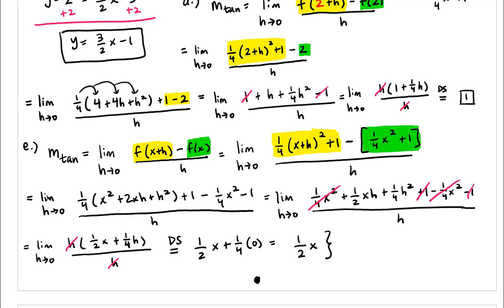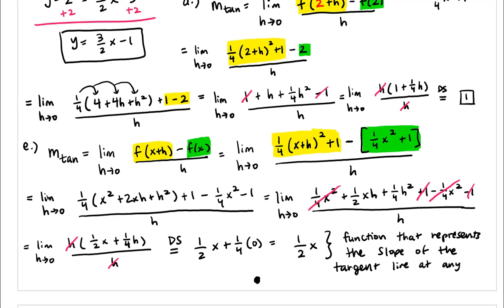So again, this is a function instead of just a numerical value because now I can find it at any x value that represents the slope of the tangent line at any value of x.